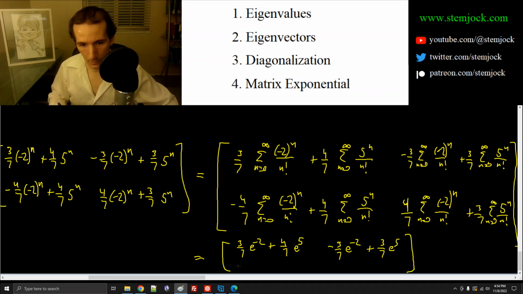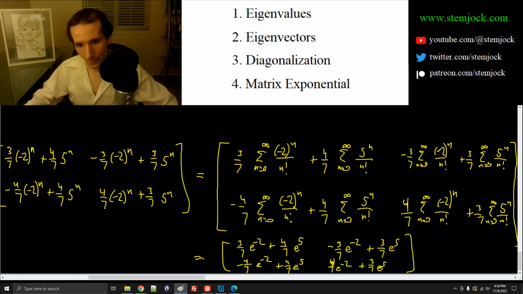For the bottom left, we have negative 4/7 e to the power of negative 2 plus 4/7 e to the power of 5. And then for the bottom right, we have 4/7 e to the power of negative 2 plus 3/7 e to the power of 5. So this is it. This is the exponential of our matrix A, which is 2, 3, 4, 1.